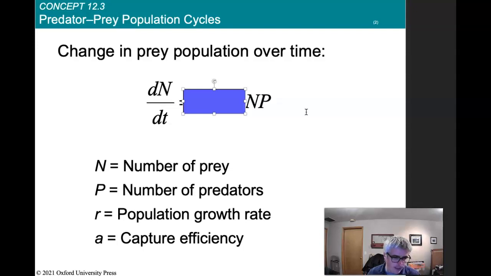And we're assuming not that much appetite limitation on the predators. Then how efficient that predator is at capturing the prey is capture efficiency. Does it kill every single organism it runs into? Is it only 1 out of 10?